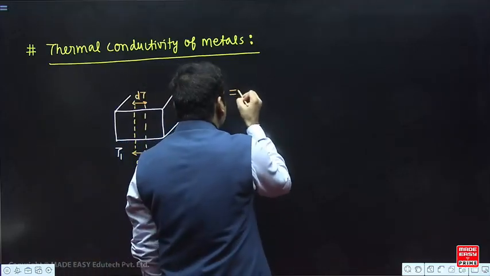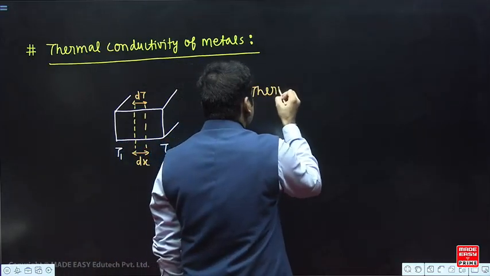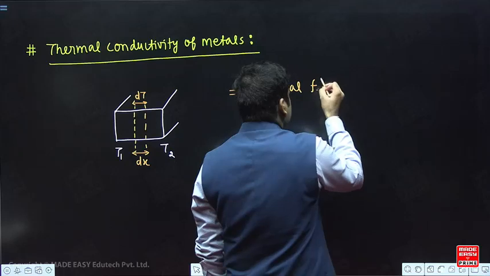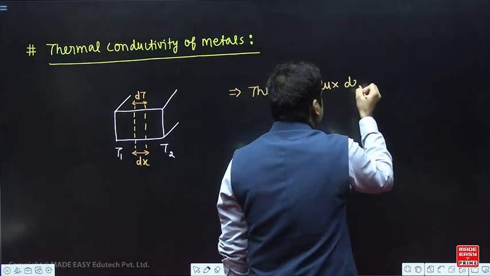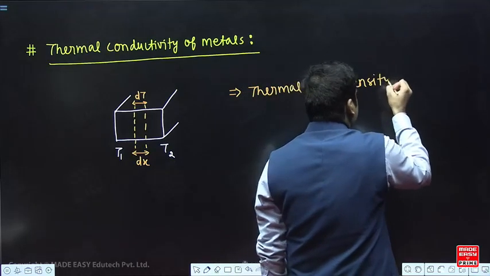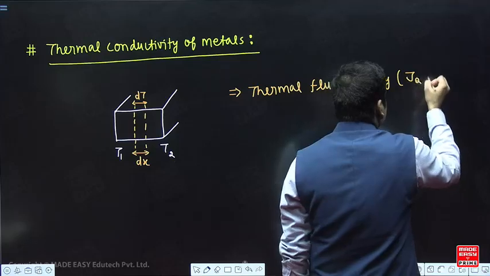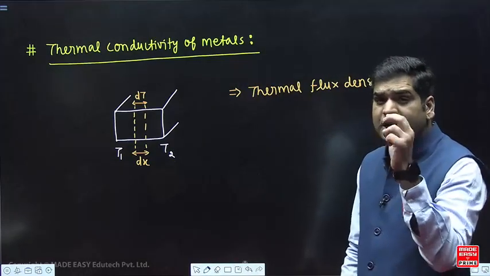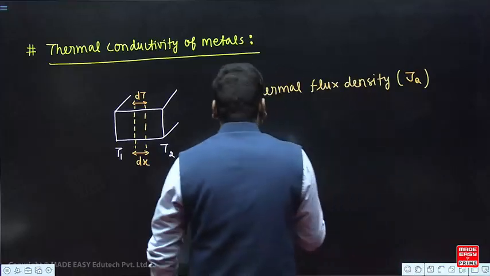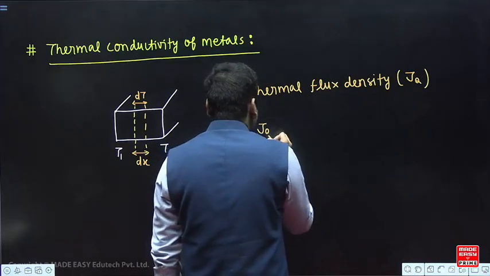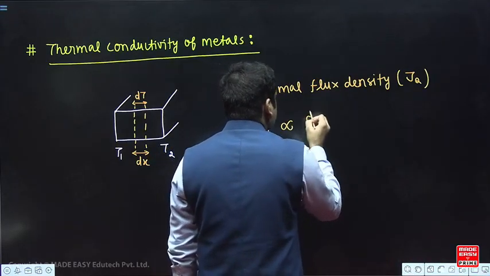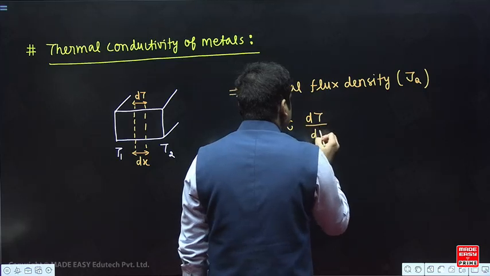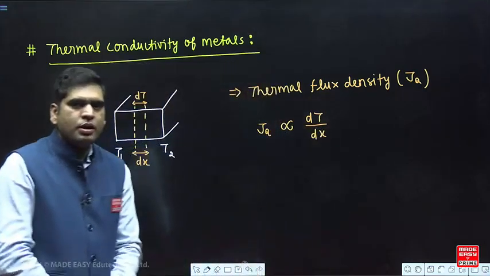So thermal flux density J_Q means heat per unit area per unit time. This J_Q is directly proportional to the temperature gradient dT/dx.